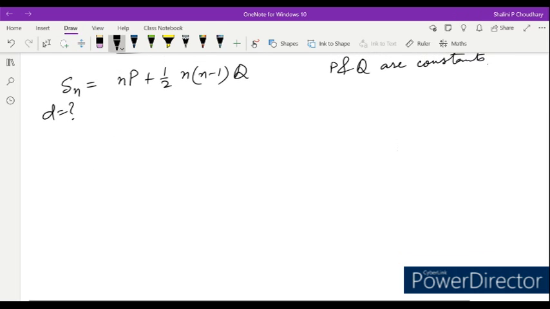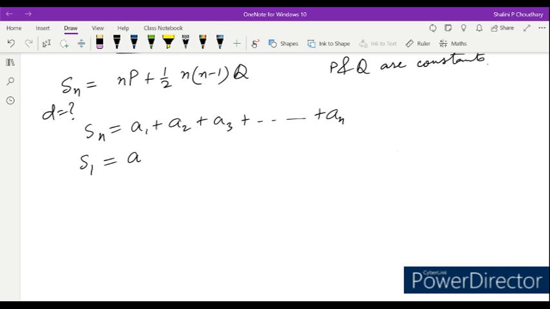Sn मतलब sum of n terms. It means Sn is equal to A1 plus A2 plus A3 plus up to An, nth term, right? So S1 का मतलब क्या हुआ? Only first term, that is A1. And S2 का मतलब क्या हुआ? A1 plus A2.